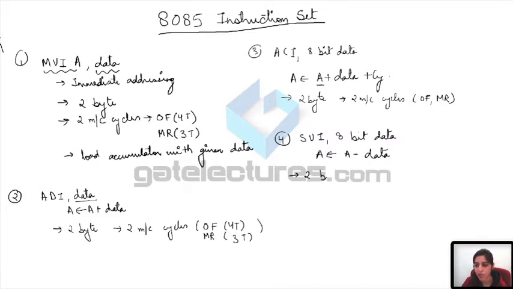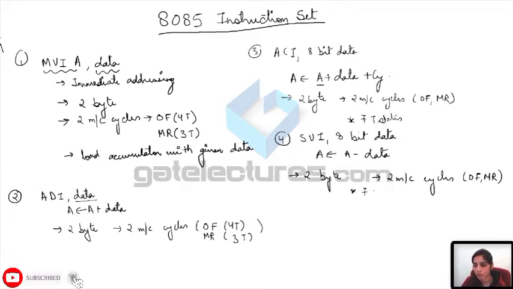This is also a 2-byte instruction with 2 machine cycles. All these are going to take 7 T states.